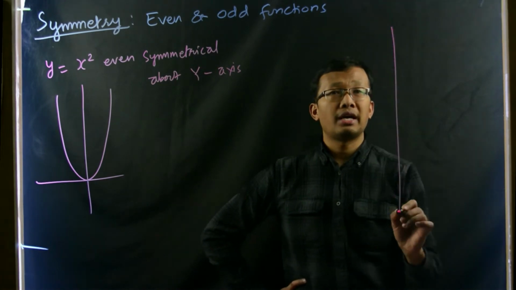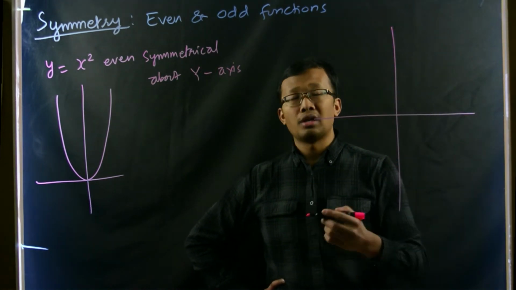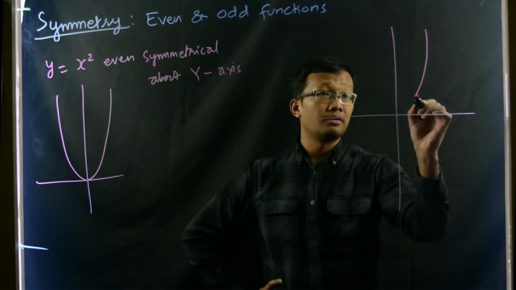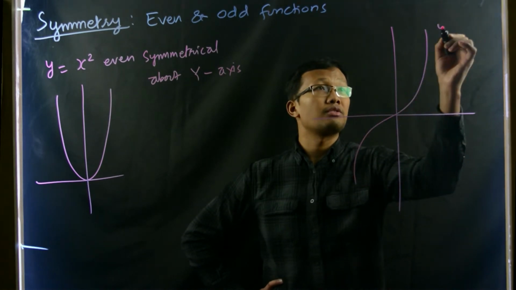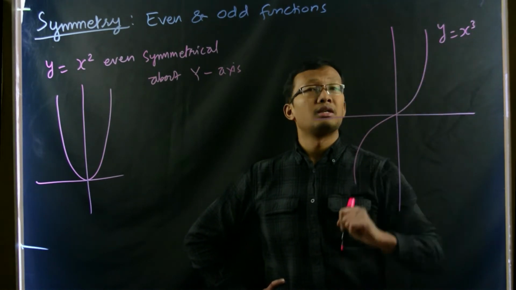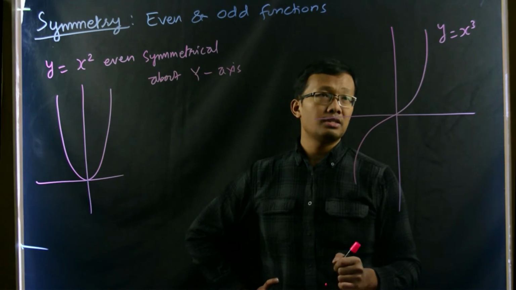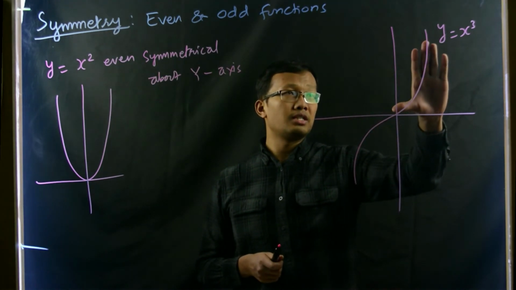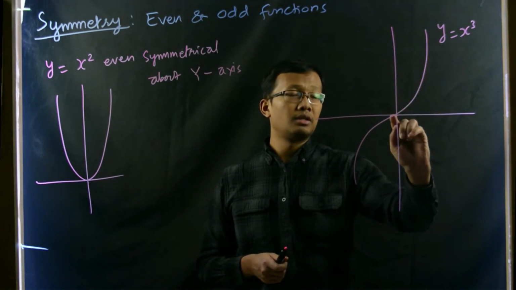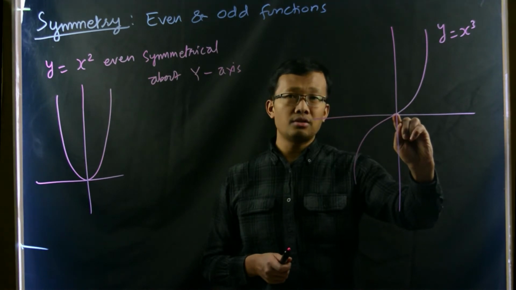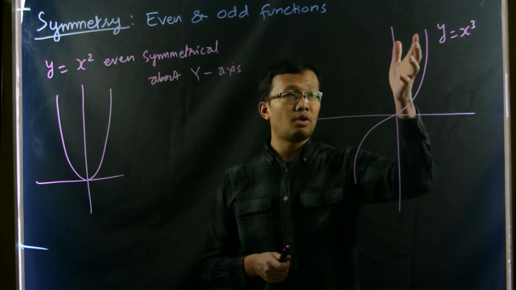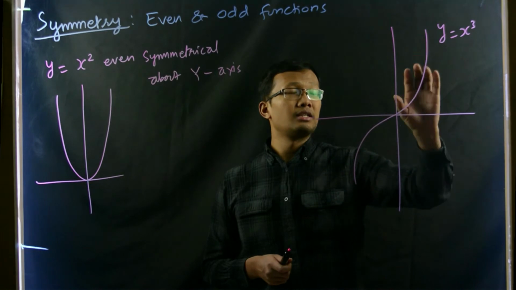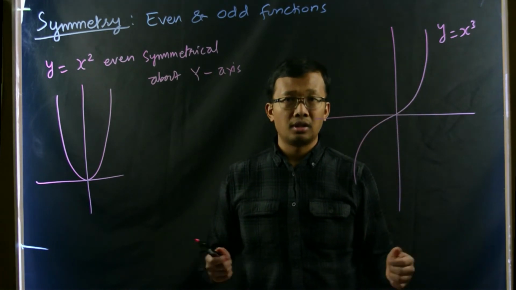Similarly, if we take an odd function, let's take the one that we have already figured out, which is y equals x cube. This is an odd function, and you can see that when we rotate this entire curve centered at 0, 0, that's the origin, by 180 degrees, then this curve is symmetrical about the origin.